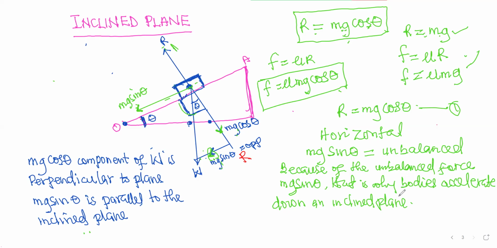The acceleration of your pen down the plane is as a result of mg sin theta. The mg sin theta is always acting down the plane. This is the reason why when you place an object on an inclined plane, it is always falling down the plane. It is because of the unbalanced force mg sin theta.